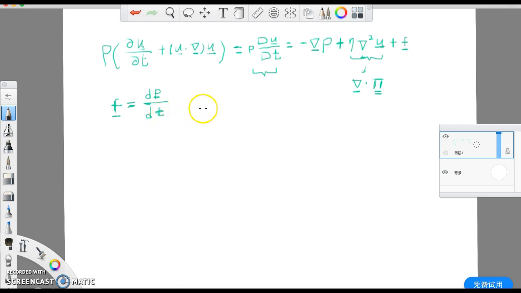Now, what about here? Should we include rho into this u? Is it the most general case if we bring the rho inside, or should we keep it outside? That was one of the questions that was raised when I studied the B1 course, the fluid mechanics course, and the answer is no, right?